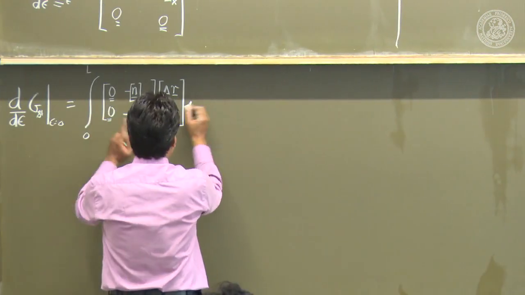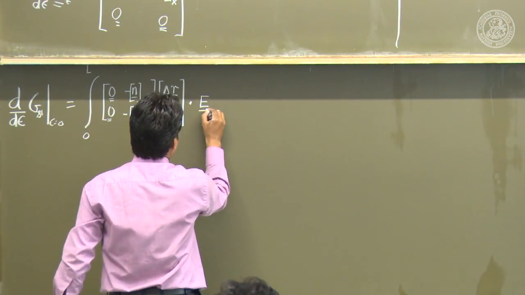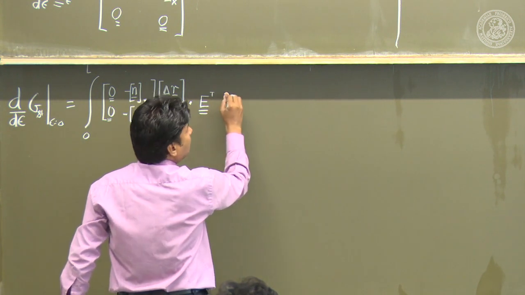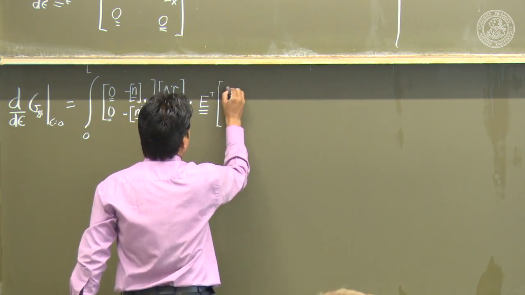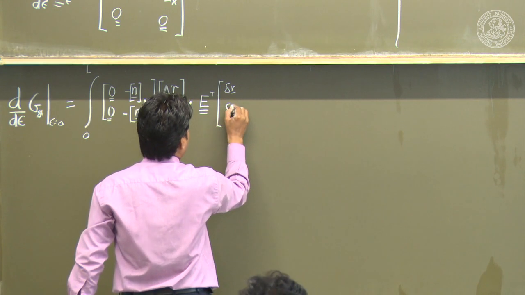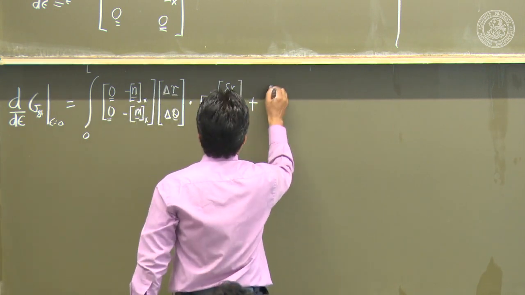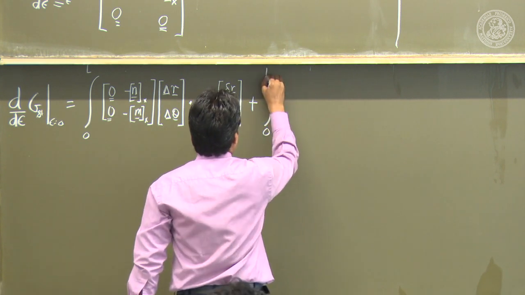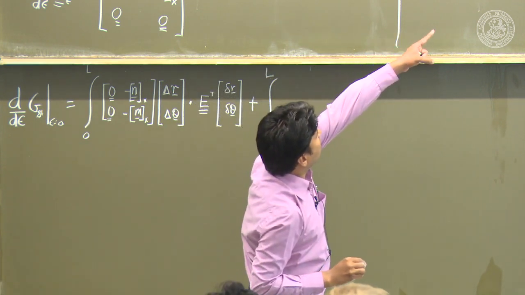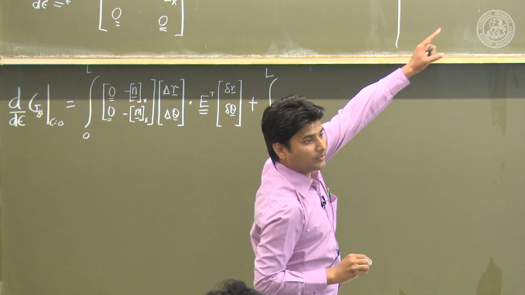So I am just going to separate it, dot E transpose into del r del theta, plus 0 to L, the other term.